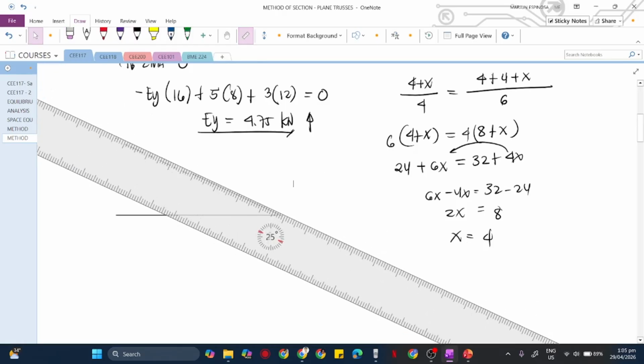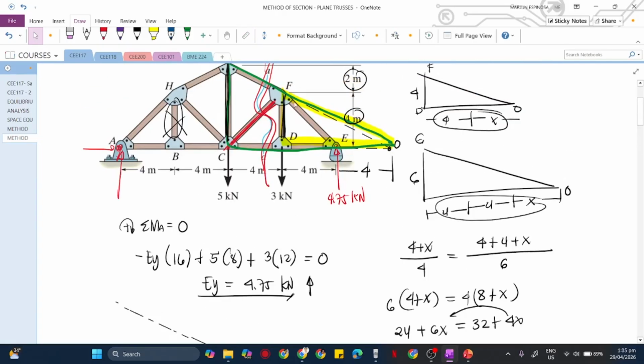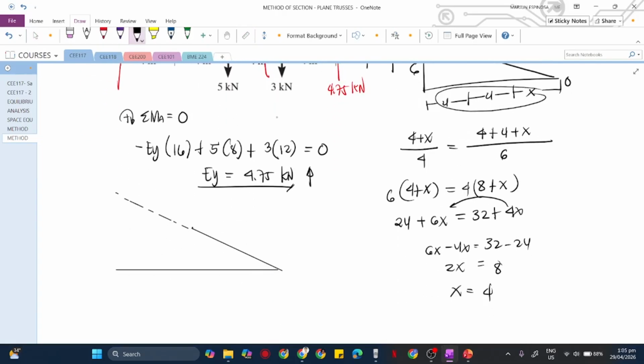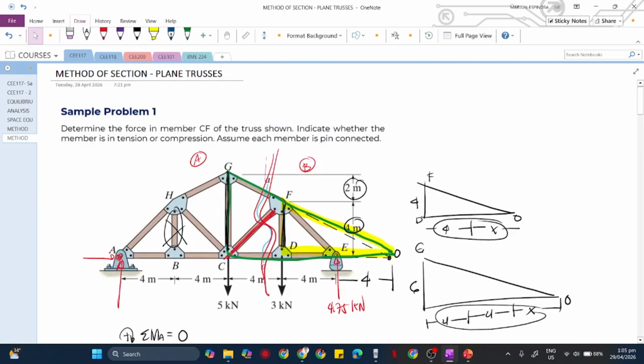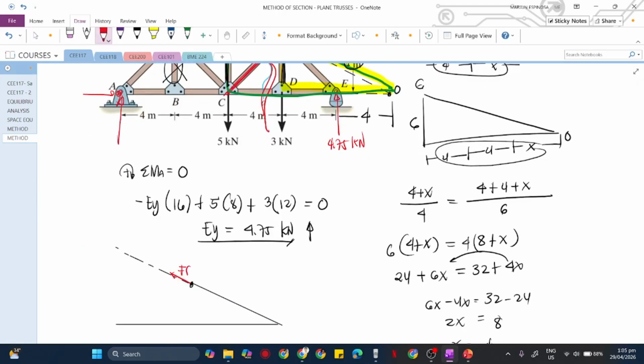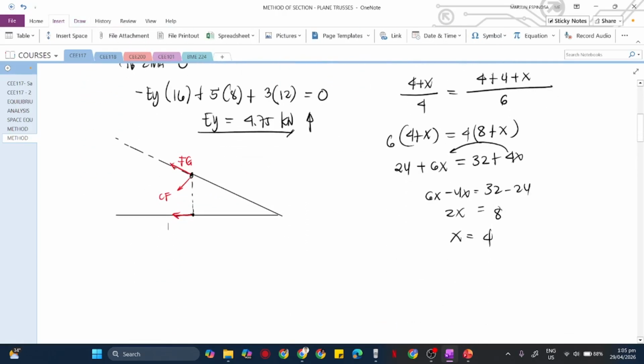Okay, this is it. So we have here F, here is our F. And then, as I've said, we have here FG. Then here, CF, which is what we are looking for. And on this part, we have CD.